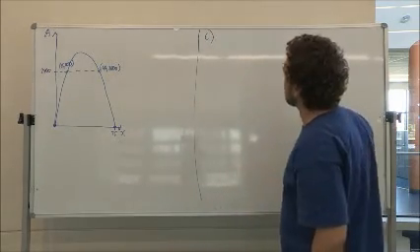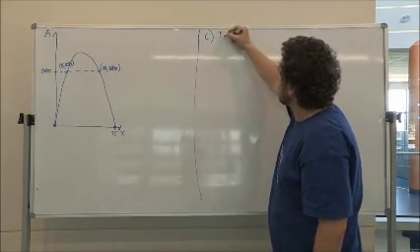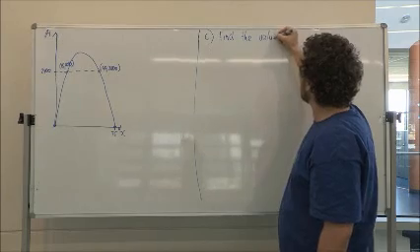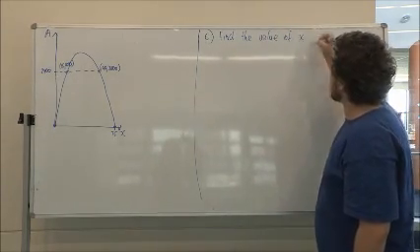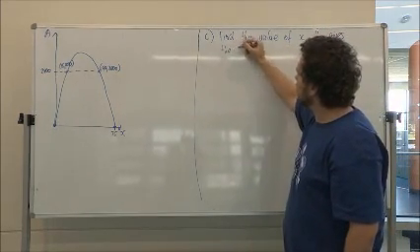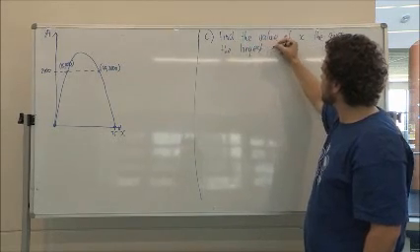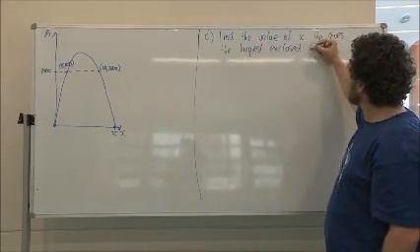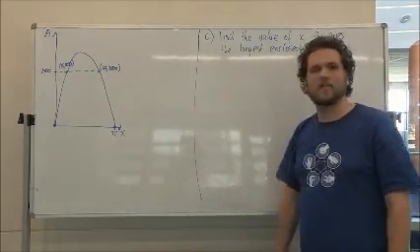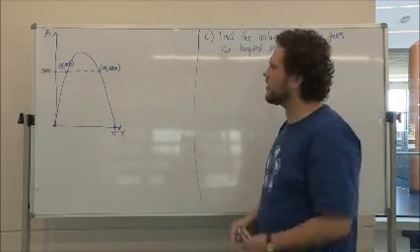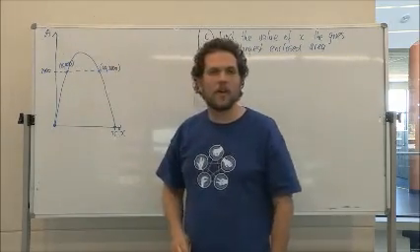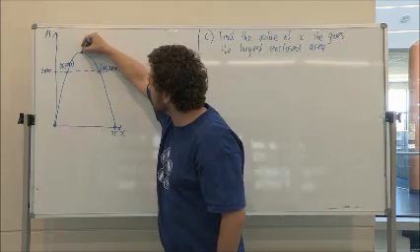So a typical part C would say maybe: find the value or the width of x that gives the largest enclosed area. Okay, so how would we approach that? Well, this is where it's useful to have a quick but somewhat detailed sketch of our graph. We know that the largest area is the largest value of A we can get on our curve, which is going to be our turning point.